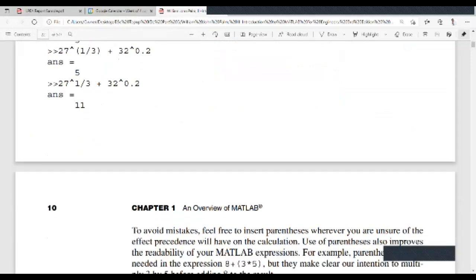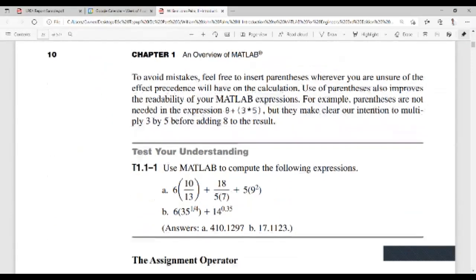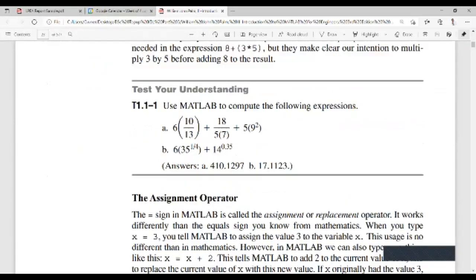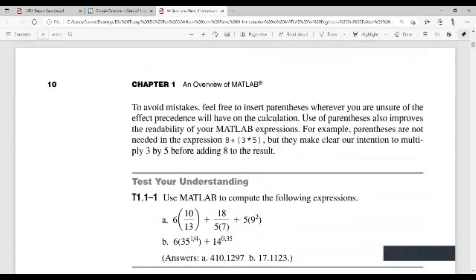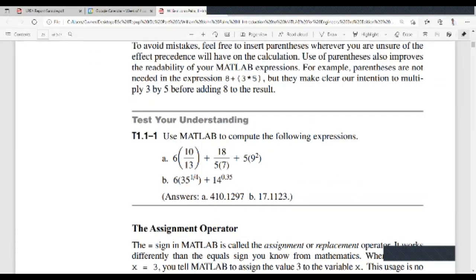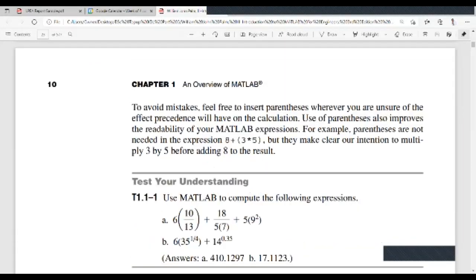I think with these trials, when you go, he might be giving you similar ones. And this is something he's telling you to do. So use MATLAB to compute the following. Can you see 6 times bracket 10 over 13 plus 8 over that? So we are going to use MATLAB to do that, and see if you can get the answers A and B that are provided there. Can you see it? Yeah.